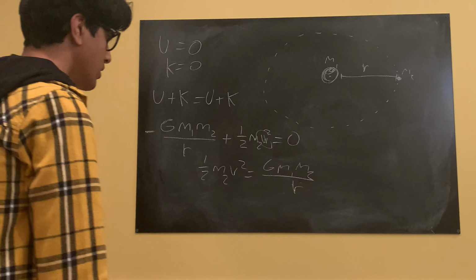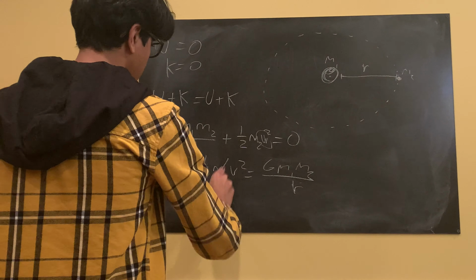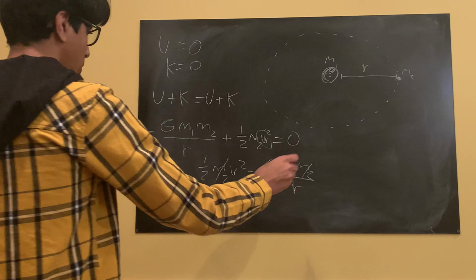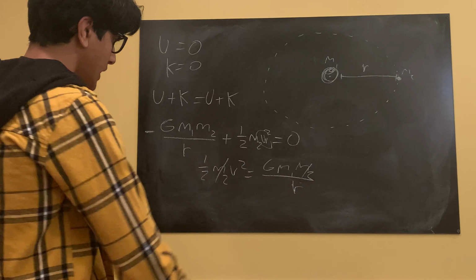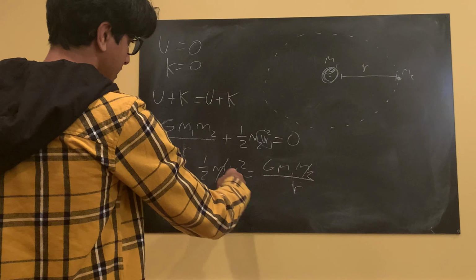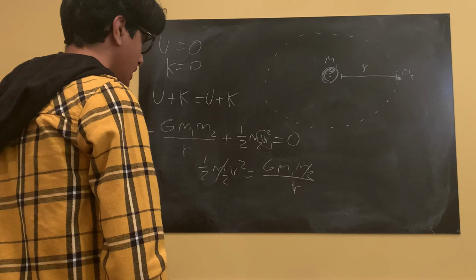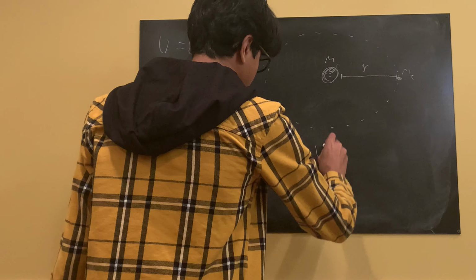And then there's m2 on both sides, so they cancel. Then we can multiply both sides by 2 and then take the square root.